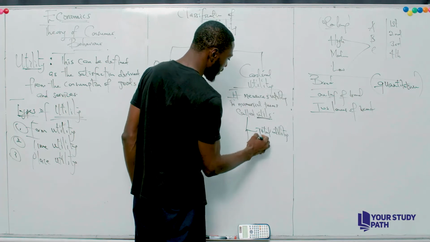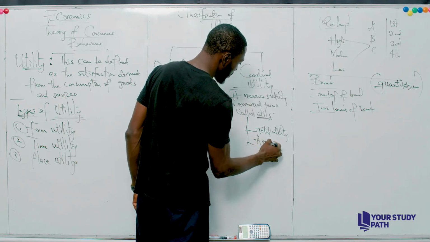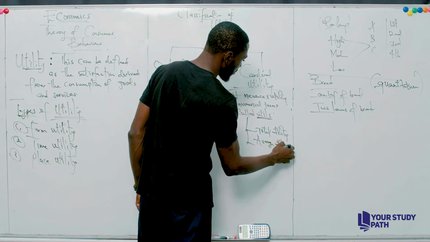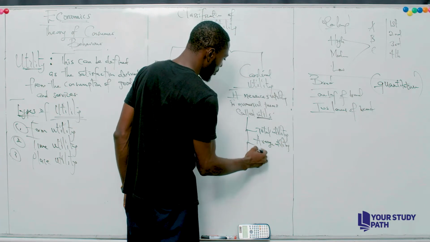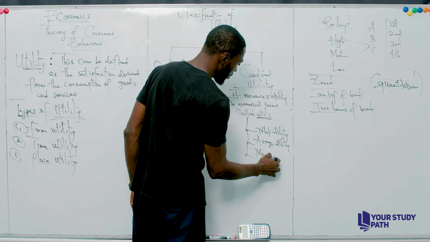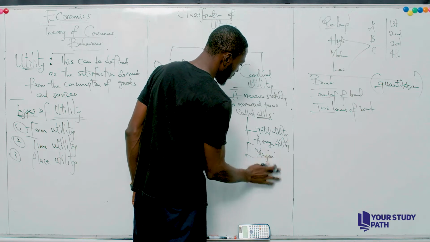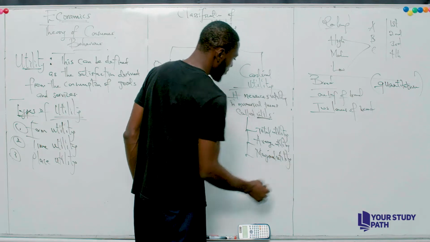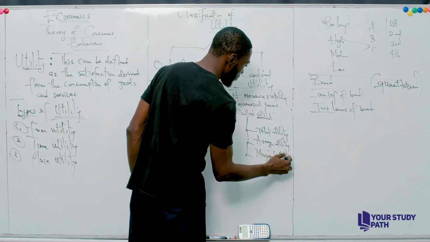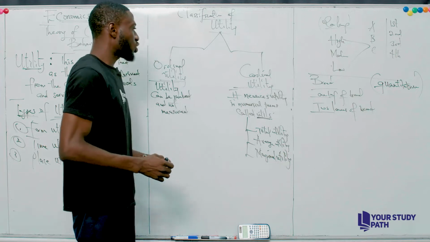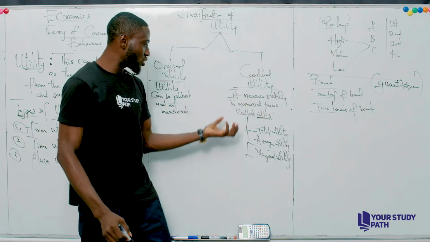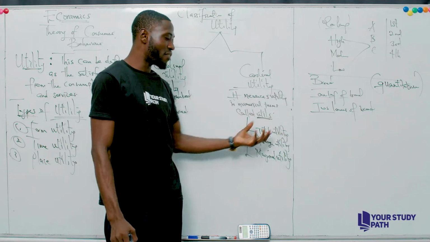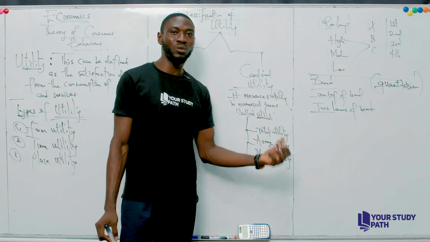The second one, we have the average utility. The third one, we have the marginal utility. So under cardinal, we have total utility, average utility, and then marginal utility.